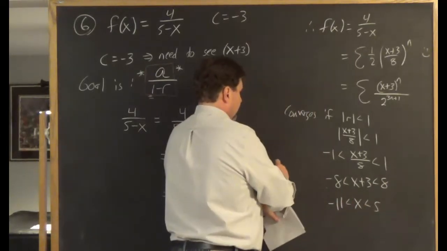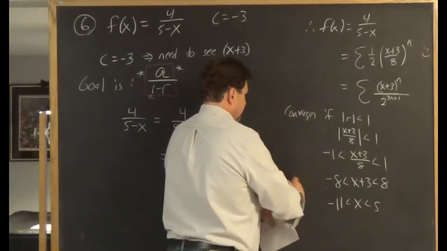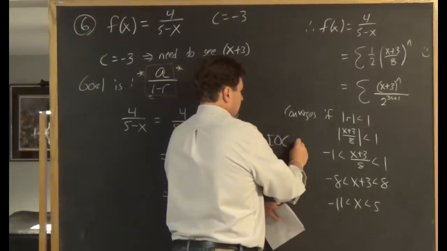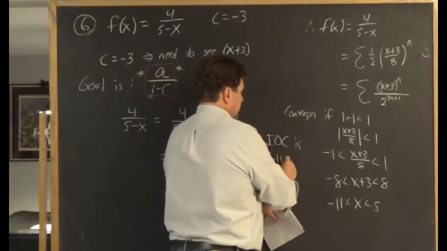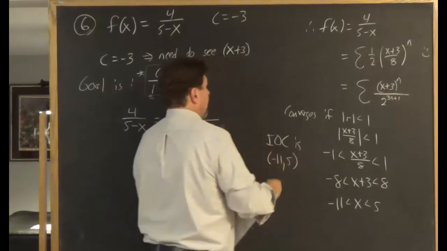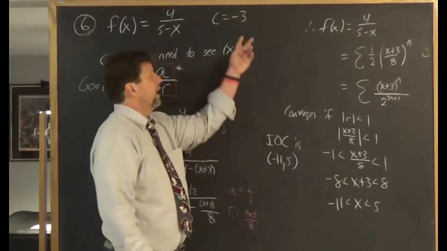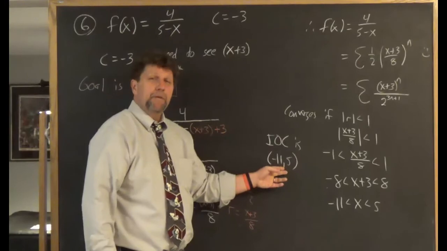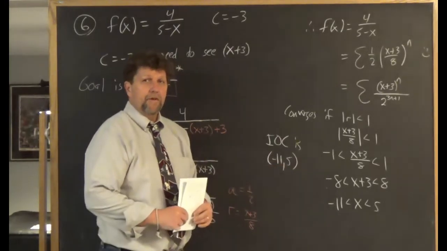So we know the interval of convergence is negative 11 to 5. And you can quickly check that negative 3 is the midpoint of the interval of convergence.